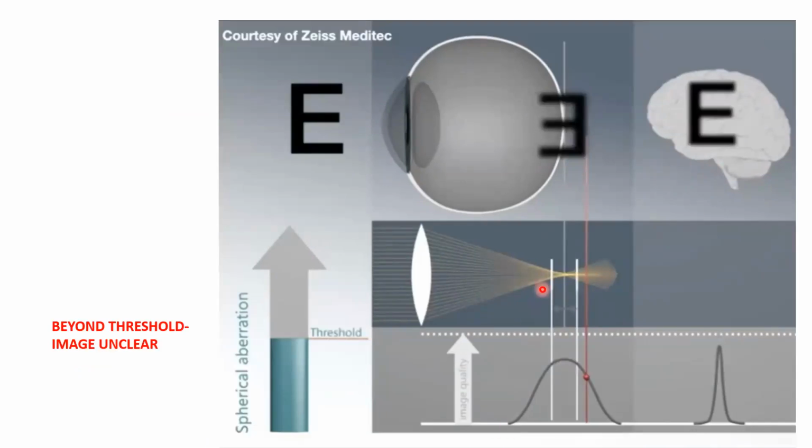If we were to go beyond the threshold of this spherical aberration, the image formed on the retina is of course going to be blurred, but the image perceived by the brain is also going to be blurred.